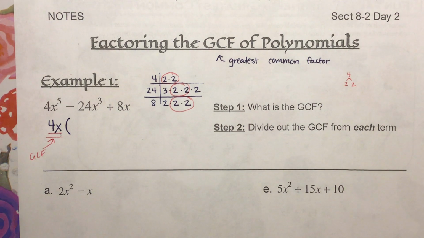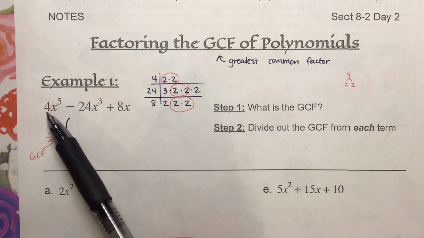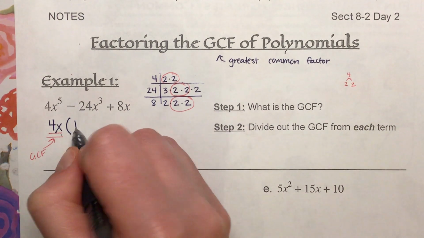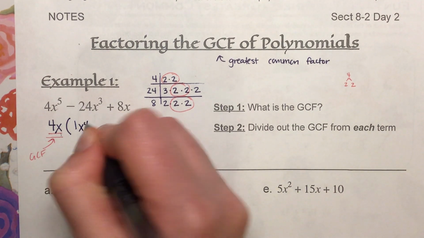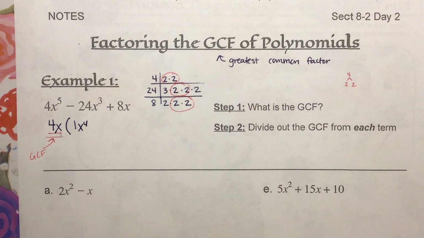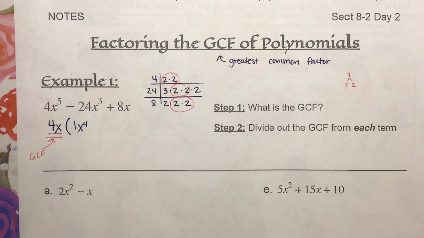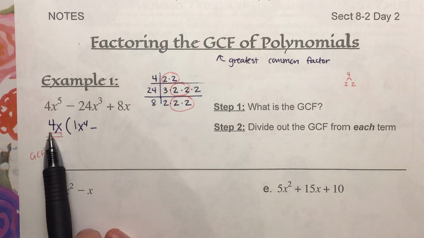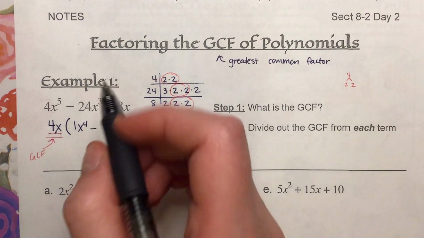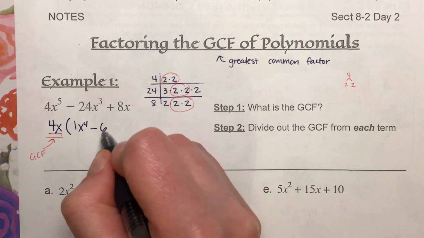Now I'm going to divide that out of each term. So 4 divided by 4 is 1. X to the fifth divided by x is x to the fourth. Remember, I'm subtracting exponents because I'm dividing. Okay, now I have a minus sign, and I have negative 24 divided by 4. Well, that is going to get me 6.